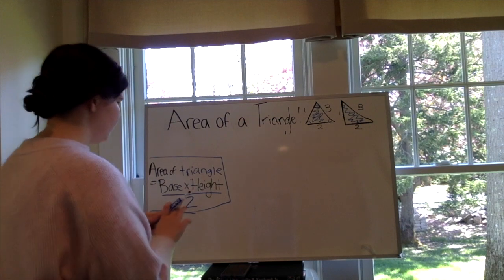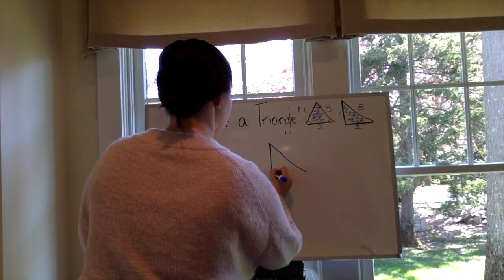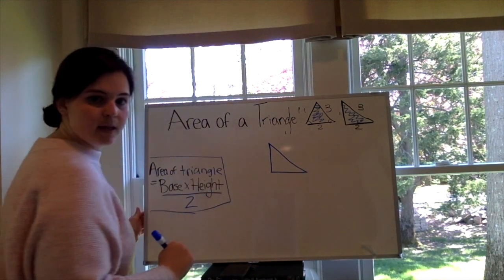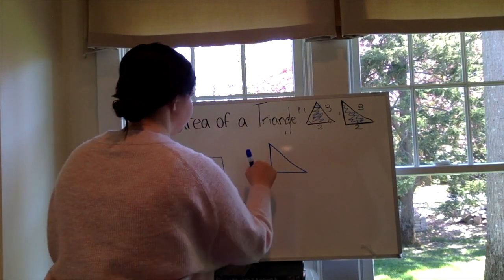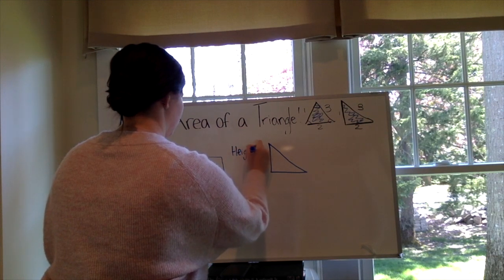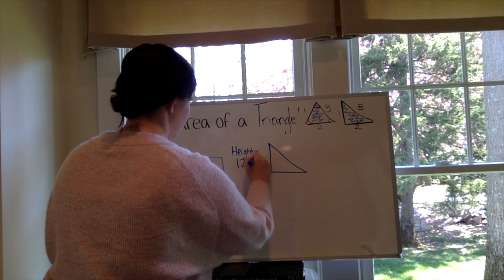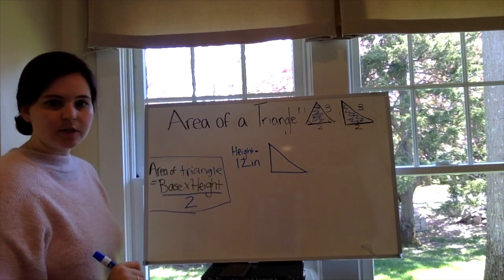So let's say we had a triangle that looks like this, and its height was equal to 12 inches. Inches is our unit.